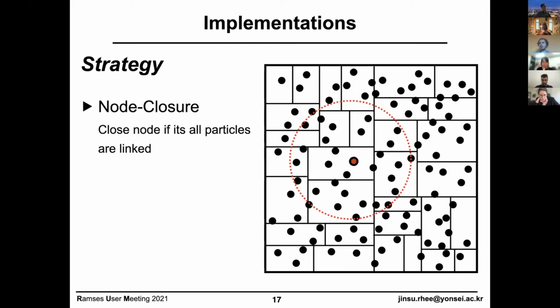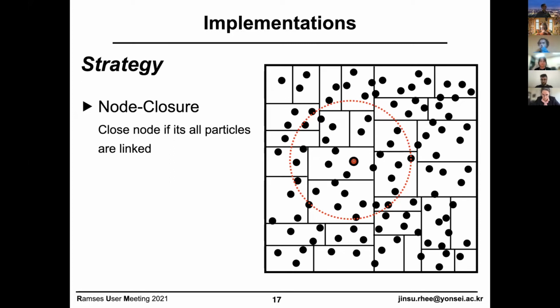To reduce such a huge amount of distance calculations at the central region, we devised several implementations. The first one is the node closure scheme, which closes a node if we don't have to compute distances for the particles within the node. It happens when all particles in a node are connected to an FOF group. For example, the right figure shows the particle distribution with their KD tree nodes drawn together.